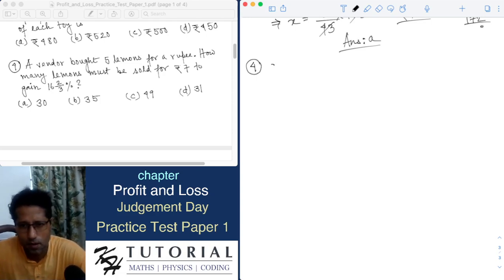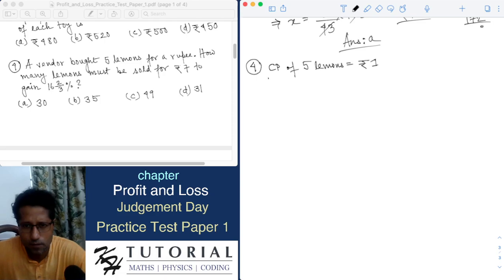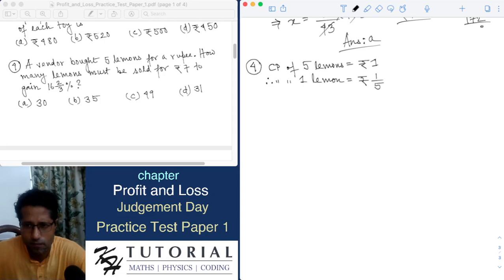So cost price of 5 lemons is rupee 1. Therefore, cost price of 1 lemon is rupees 1 by 5. And how many lemons must be sold for rupees 7 to gain 16 and 2 by 3%? Okay, how many lemons?